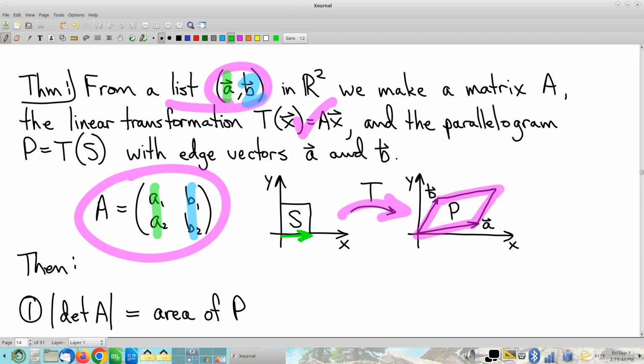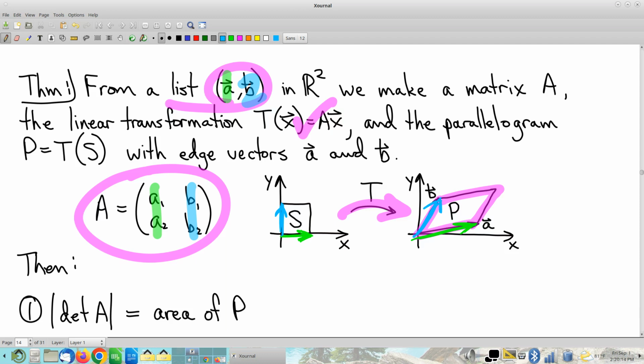And so the image of E1, the first column, is the vector A. And then likewise, the image of E2 is the second column, which is the second vector, which is B. Is that all right? Everybody okay?